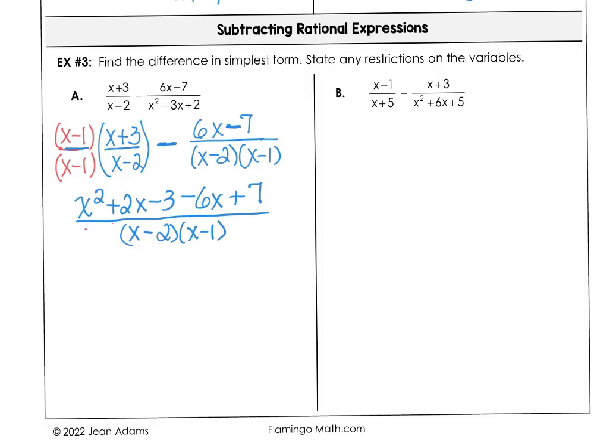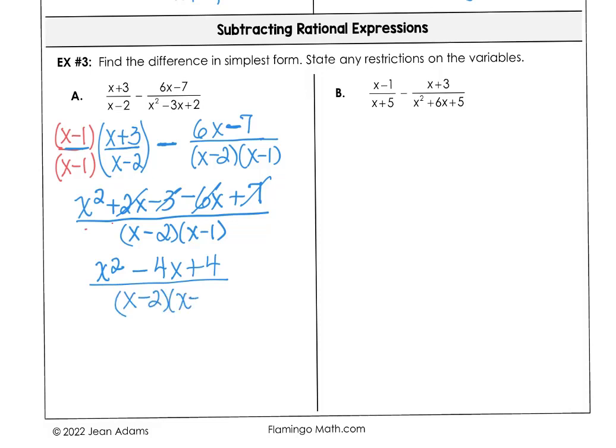Adding like terms in the numerator gives us x squared, and then 2 minus 6 is negative 4, and 7 minus 3 is positive 4 over our common denominator.